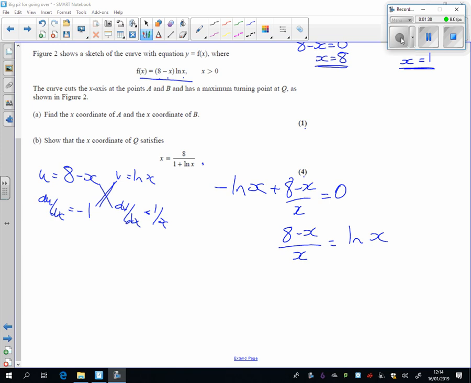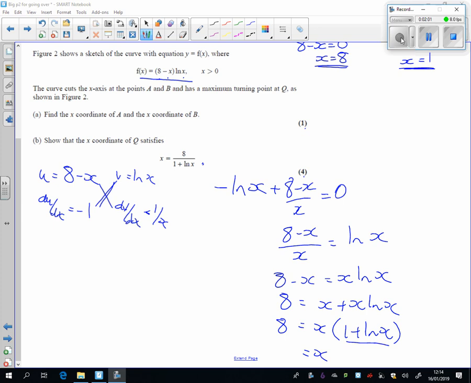I think I'm actually going to times both sides by x as well. I've got to get the 8 all on its own, so let's add the x to both sides. There, I can see where we're going now. And now I'm going to factorise out the x there, 1 plus ln x. Final line, I'm going to divide both sides by that.